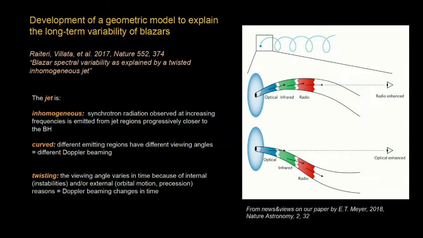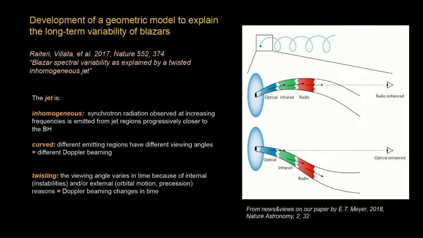Our model is a jet which is inhomogeneous. Inhomogeneous means that radiation at different frequencies is produced in the jet in different regions. In particular, radio radiation comes from a more external region with respect to the optical one.